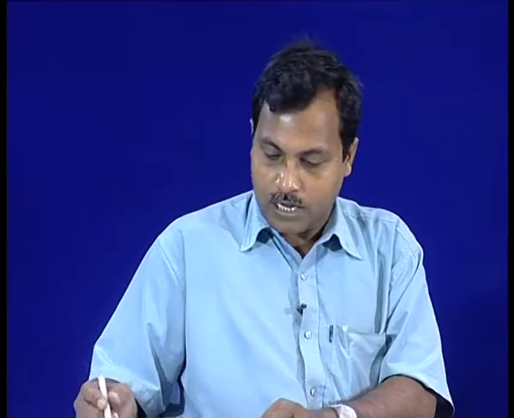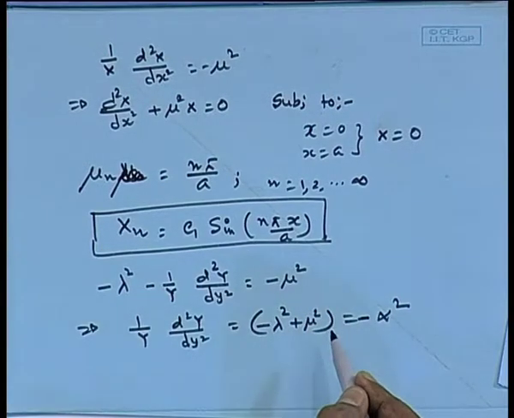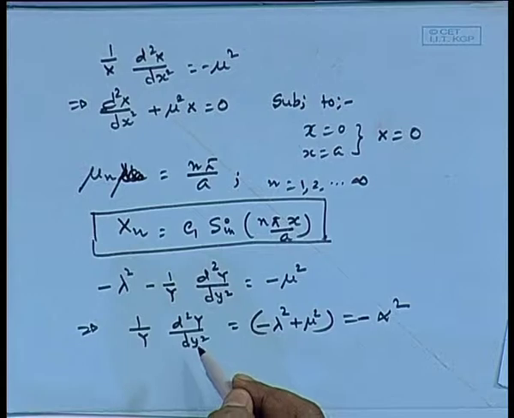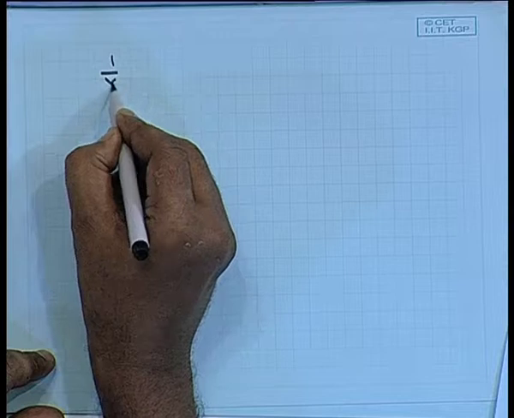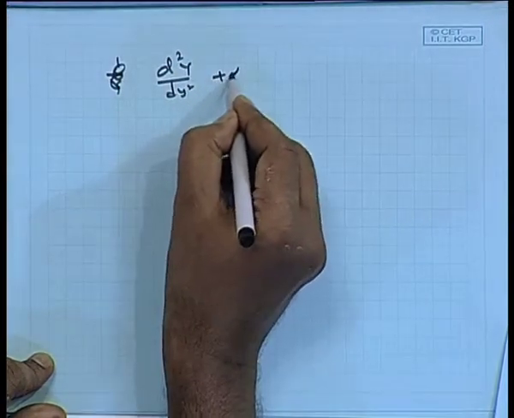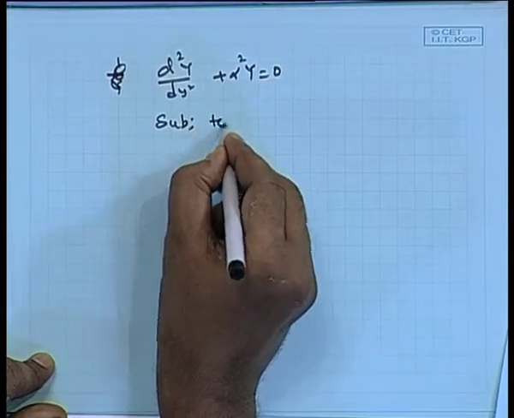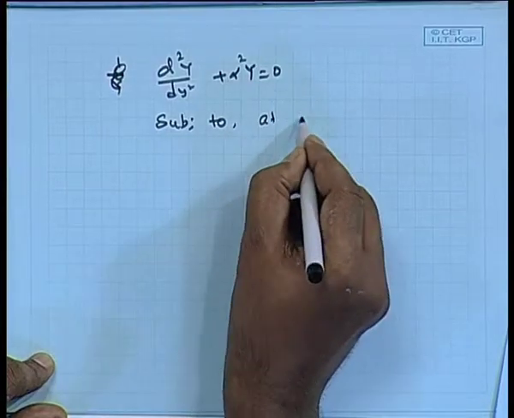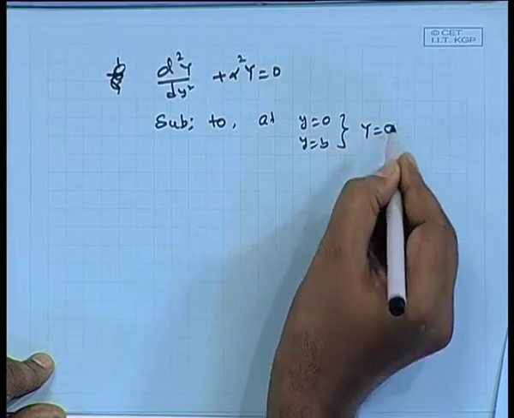Okay. So, again it will be a constant. If this constant is negative, then only you will have a standard eigenvalue problem in the y direction, because the boundary conditions in the y direction are homogeneous. Fine. So, in that case, you will have d square y dy square plus alpha square y is equal to 0, subject to, at y equal to 0 and y equal to b, capital Y is equal to 0.